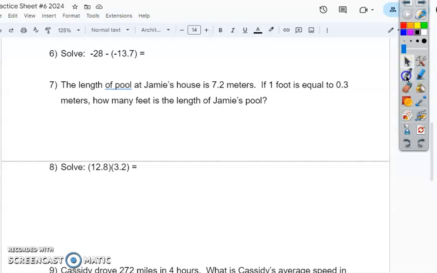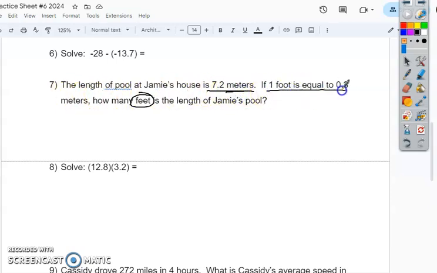Number 7. The length of a pool at Jamie's house is 7.2 meters. If 1 foot is equal to 0.3 meters, how many feet is the length of Jamie's pool? So, go back to what we learned, okay? I have meters.